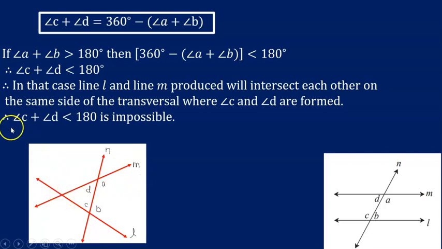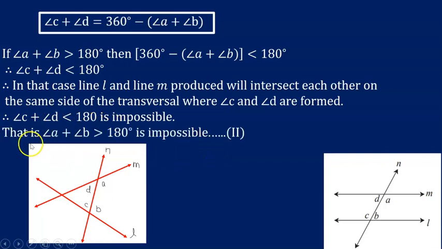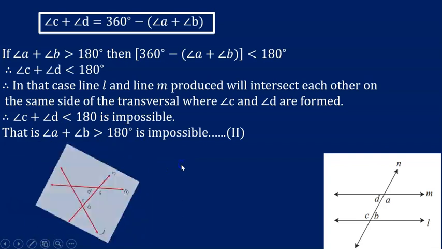But it is given that lines M and L are parallel, and therefore the measure of angle C plus the measure of angle D less than 180 is impossible. That is, the measure of angle A plus the measure of angle B greater than 180 is impossible.